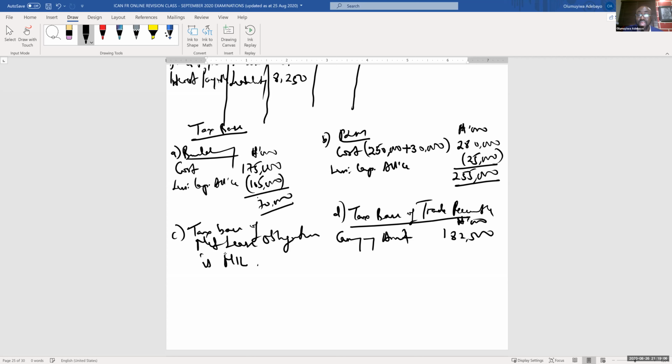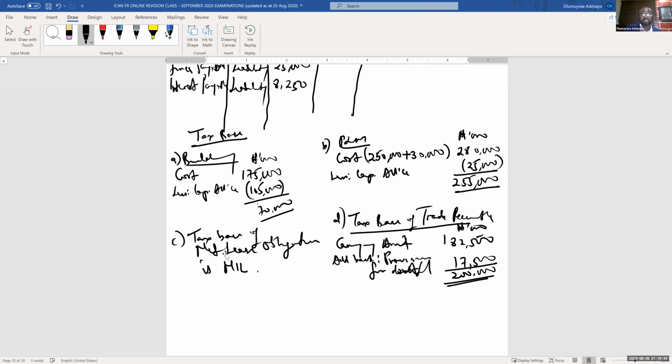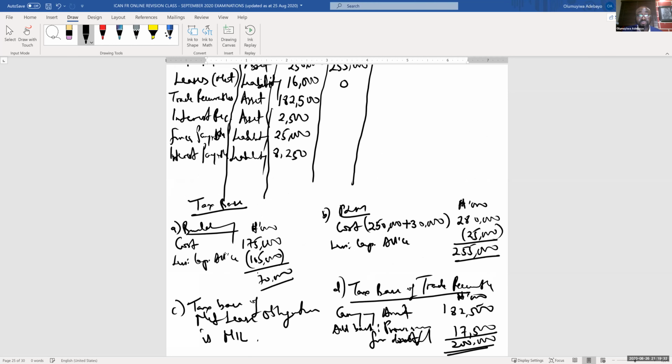Now, it wouldn't have been 182,500 if you had not deducted provision, right? Yes. Which means what do you do? You add back that provision, which means if you had not deducted that provision for doubtful debt, your receivable should have been 200. That is the tax base. Therefore, I come here and say 200.